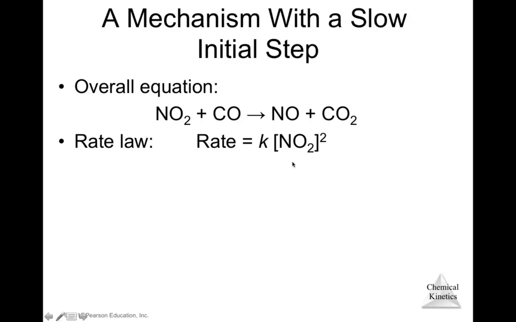Also, another really important point is that there is a coefficient of 2 in the concentration of NO2. This coefficient is not related to the stoichiometry of the overall reaction. So these numbers, the orders of each reactant in a rate law, you can't determine by looking at the stoichiometry in the overall reaction.